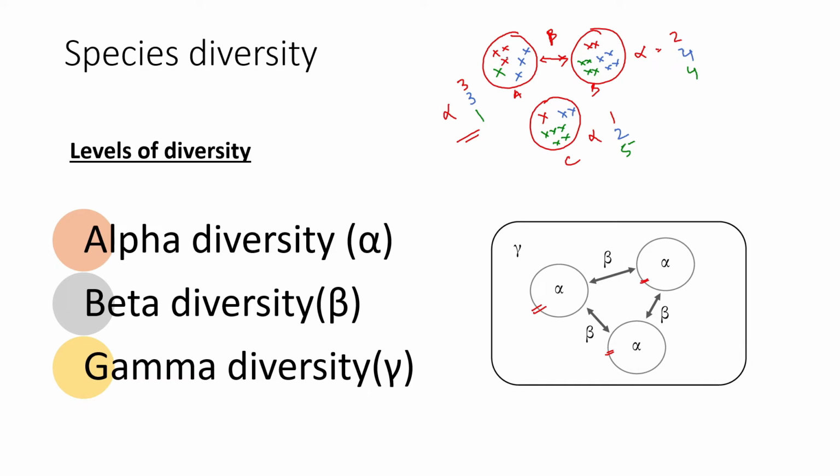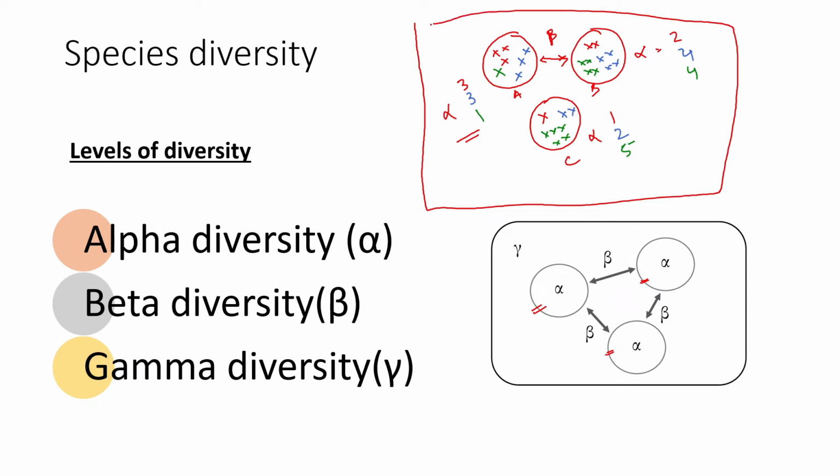Here you can see the beta diversity: there are 5 reds that vary across this region, 5 greens and 7 blues. So we are talking about differences among these two communities and how they're distributed. Now when we take the entire area, we get gamma diversity. So the gamma diversity of the entire region will be how many?